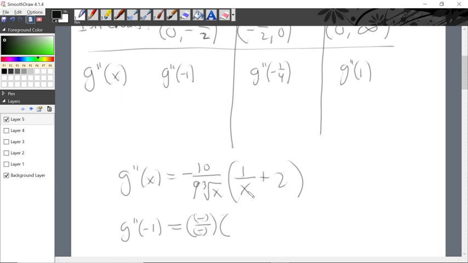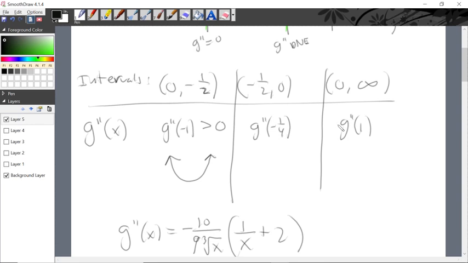And then we make x negative over here, we get 1 over negative 1 plus 2. Negative 1 plus 2, so we get negative over negative, which is positive, and 2 minus 1, which is also positive, so overall positive. g double prime of negative 1 is greater than 0, and therefore the function is concave up on the interval from negative infinity to negative 1/2.